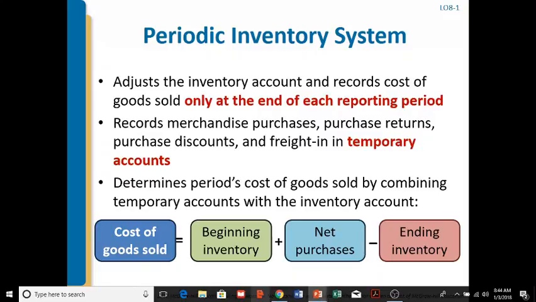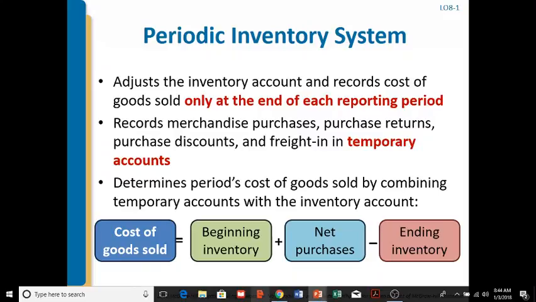And the reason why is to make sure that their perpetual inventory system is working as it should, and that the physical count comports to the perpetual inventory system count. If not, you've got to make an adjustment to the perpetual inventory system count.